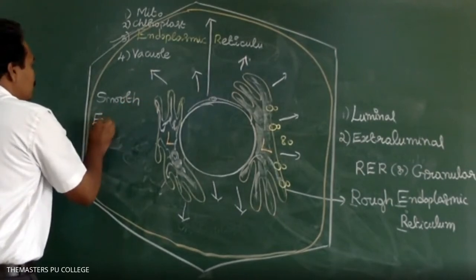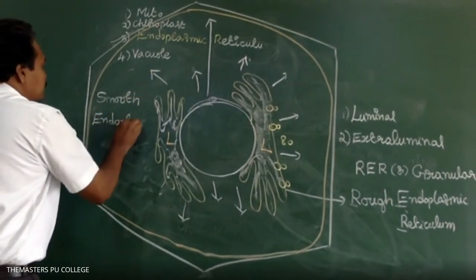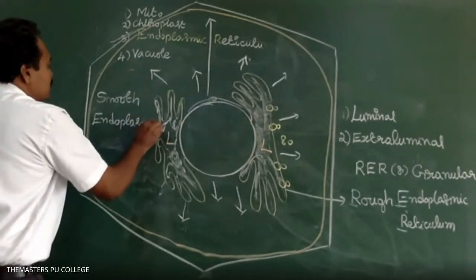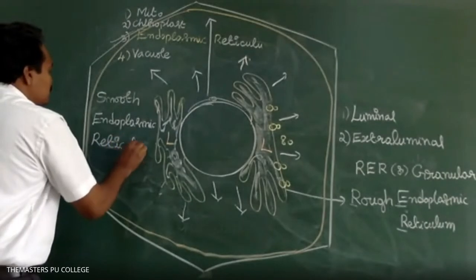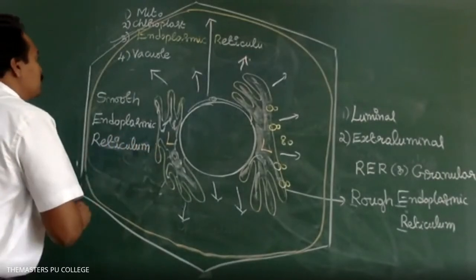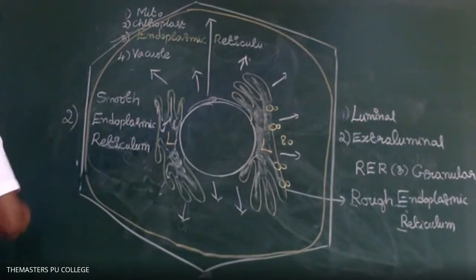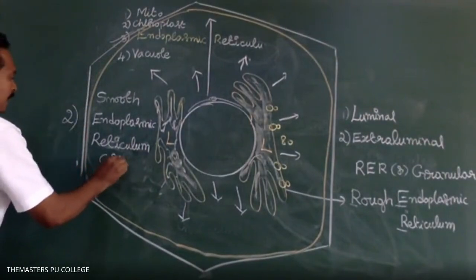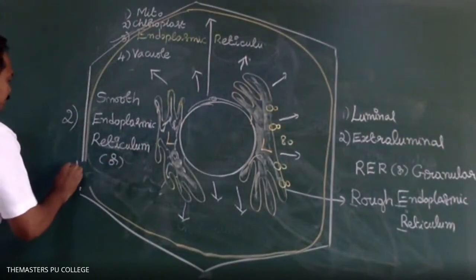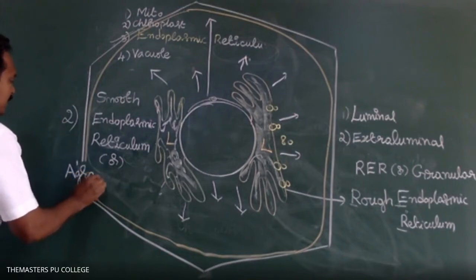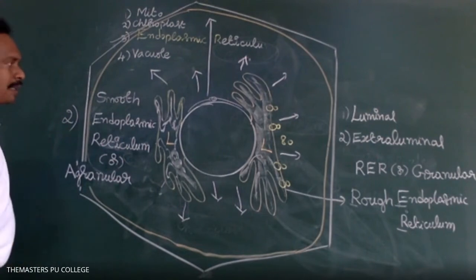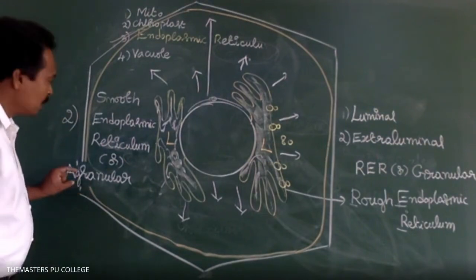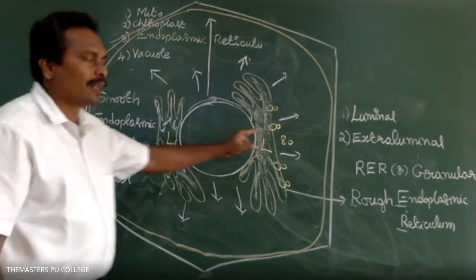Smooth endoplasmic reticulum, or agranular endoplasmic reticulum. Agranular: A means absence, granules means here the ribosomes.